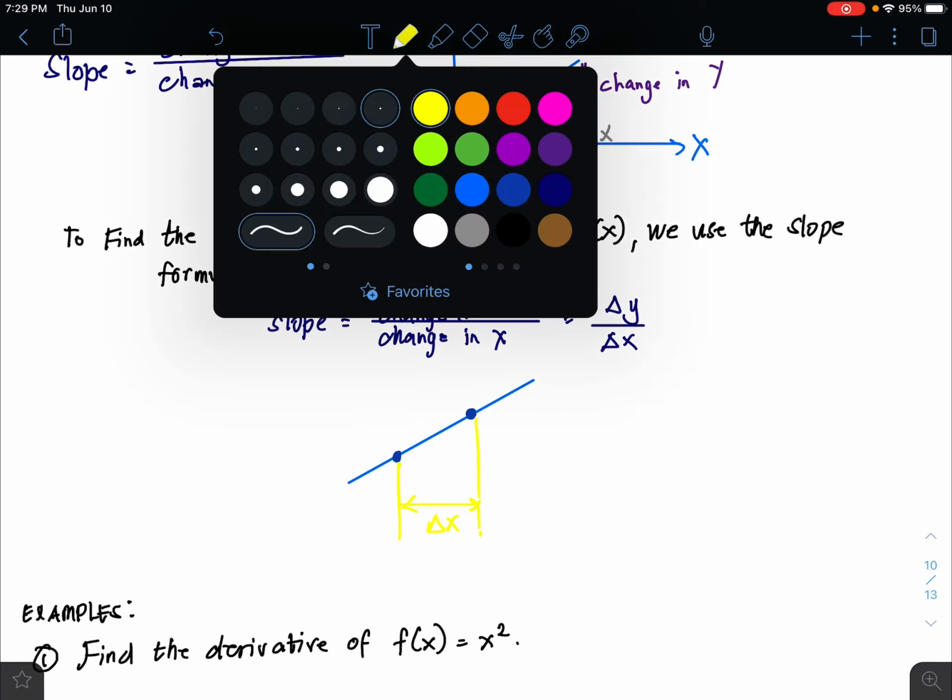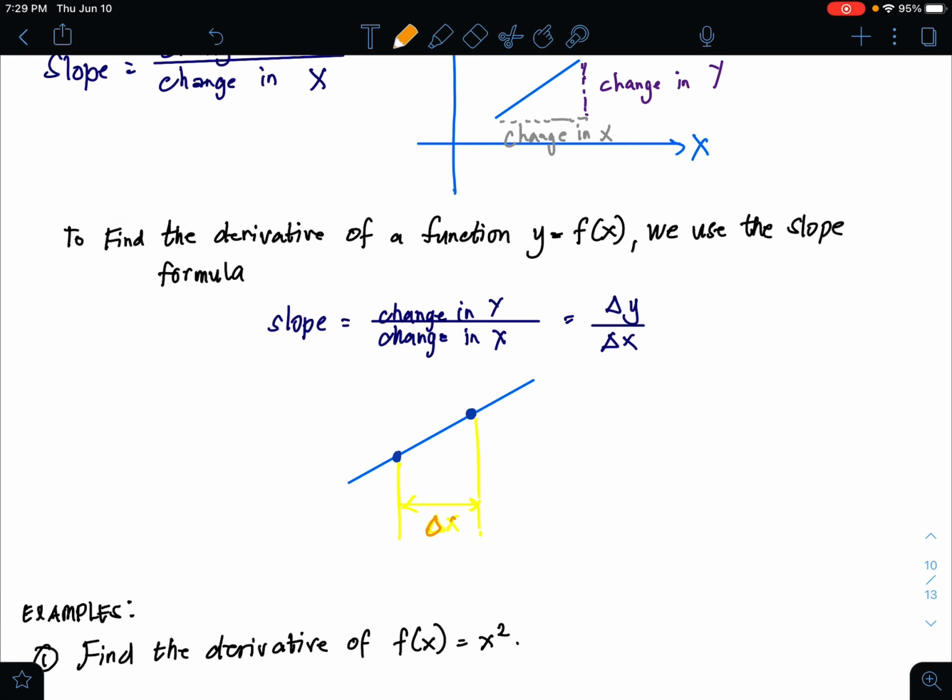Now, if we change x, there should be a change in y, or dy or delta y. Okay? So that's delta x and delta y.